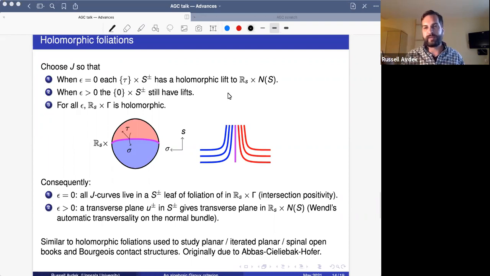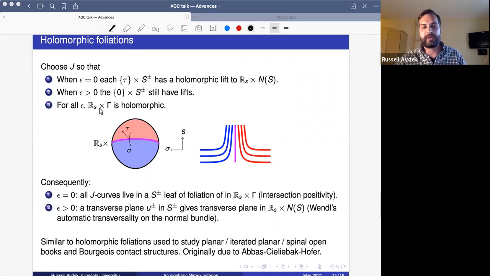Now, when we break the Morse-Bott symmetry with epsilon greater than 0, the slice tau equals 0 times the positive and negative regions still have holomorphic lifts.